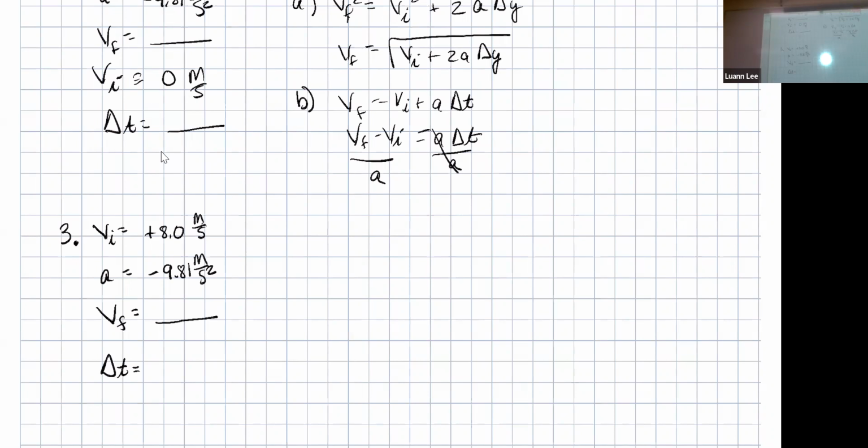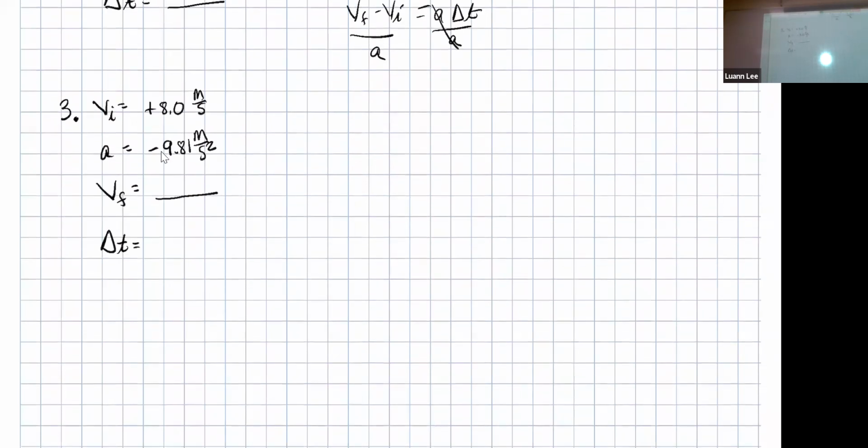Okay, so let's take a look at what happened here. We had an object and it was going to go up and then come back down. So what happens with this guy is you have a starting velocity of 8.0 meters per second.